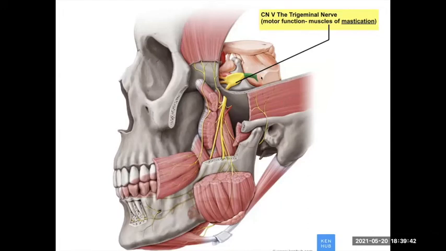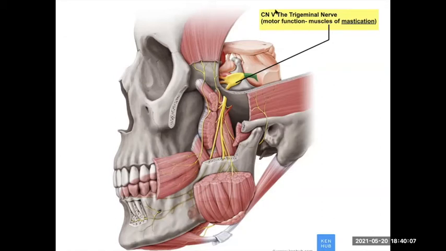Those are going to be controlled not by your facial nerve number 7, but cranial nerve number 5, the trigeminal. It's your biggest cranial nerve. So that is going to control your chewing muscles, as well as your pterygoid muscles. So that's your trigeminal, and that's the motor function of cranial nerve number 5.